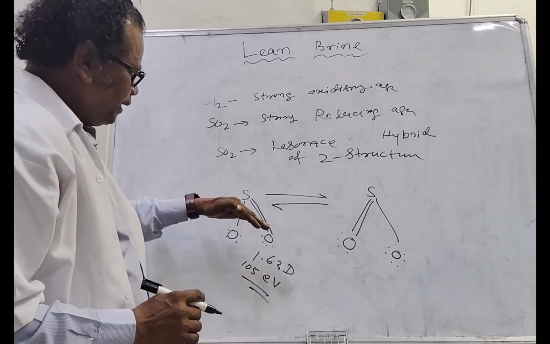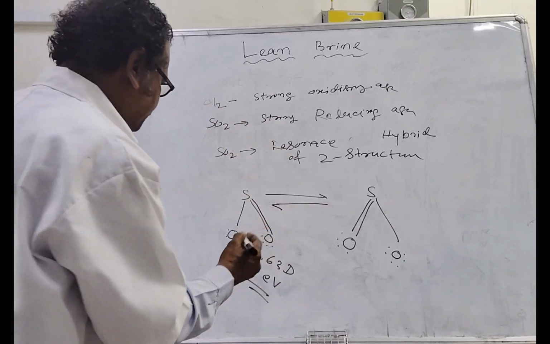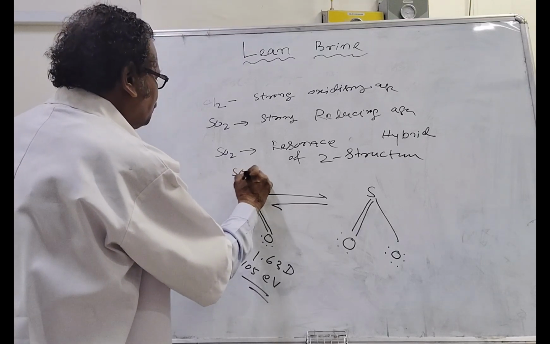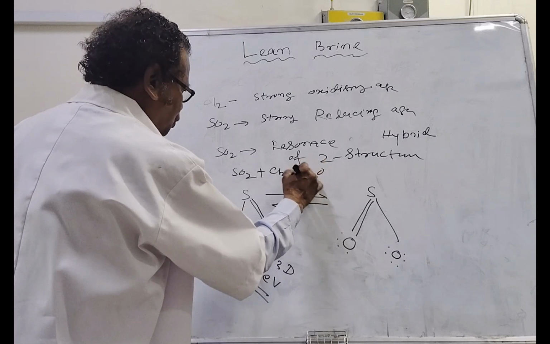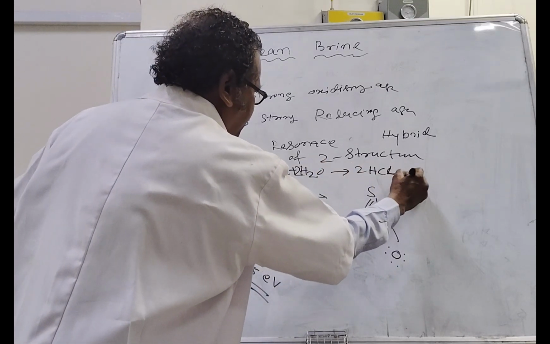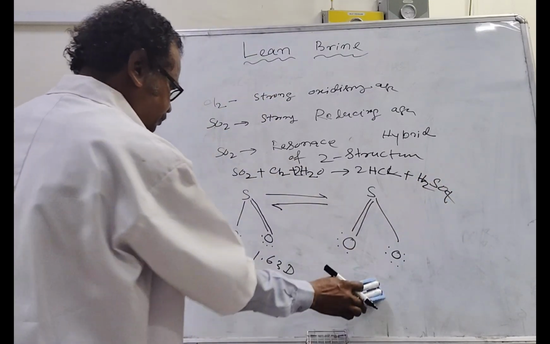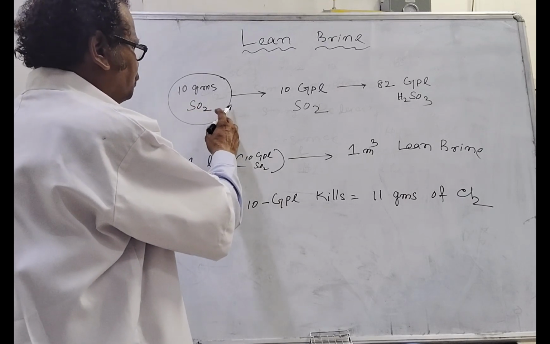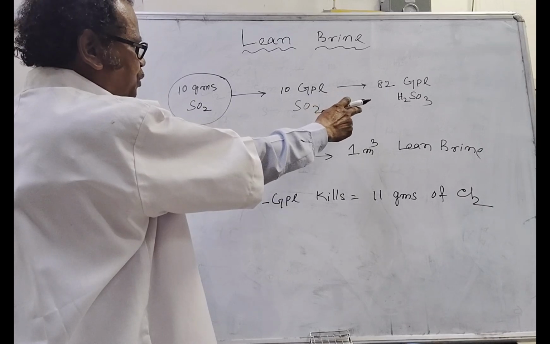So when it reacts with chlorine in the presence of water, SO2 plus chlorine plus water gives 2 HCl and H2SO4. 10 grams SO2, that means 10 gpl SO2, gives 12.8 gpl of H2SO3.